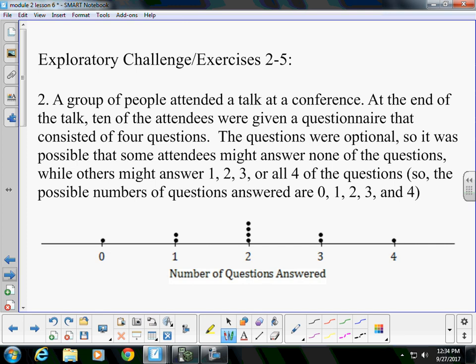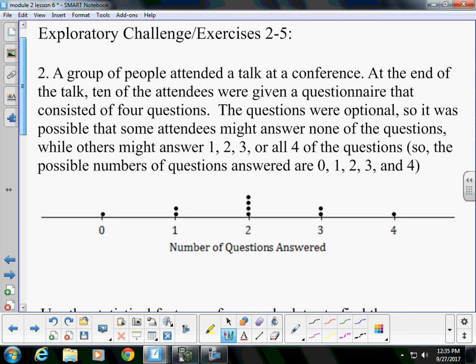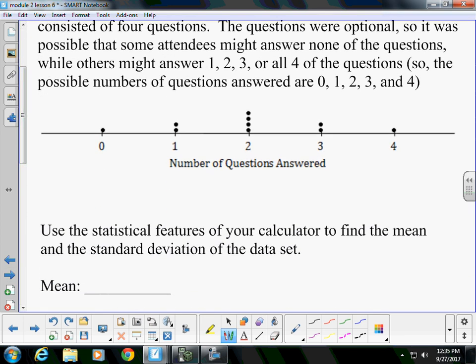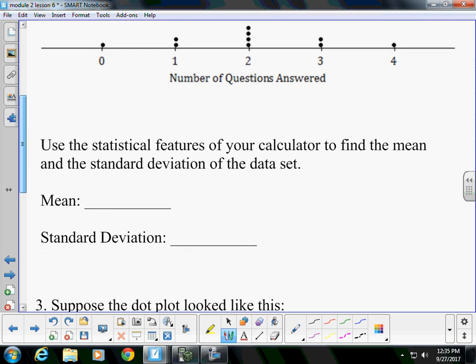So the possible numbers of questions answered are 0, 1, 2, 3, and 4. Okay, so that's what our dot plot is showing, the number of questions answered. We're going to use our calculator again, and find the mean and the standard deviation of the data set.